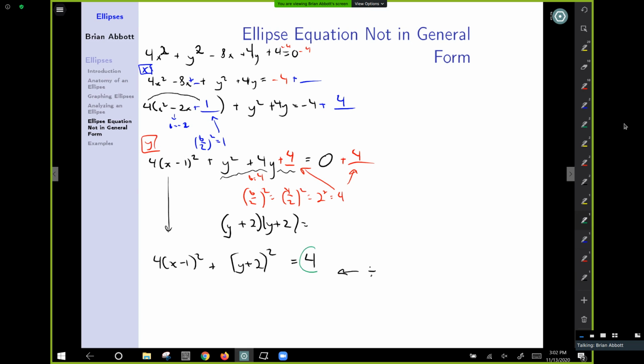We're going to divide this 4 by 4 to get 1. And whatever you do on the right side, you have to do on the left side. So we'll divide by 4, which is, again, the same thing as multiplying everything through by 1/4. And what do we get? We'll do the math and see what happens. Well, x minus 1 quantity squared, that's fine, plus y plus 2 quantity squared over 4 is equal to 1. And you've got yourself an ellipse.